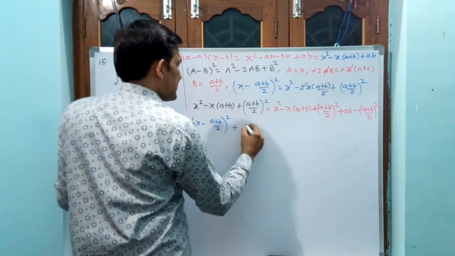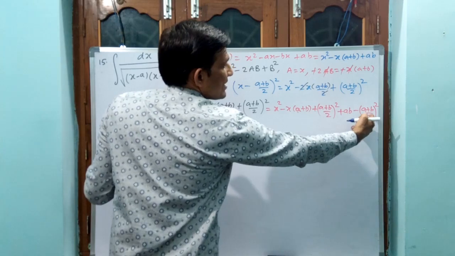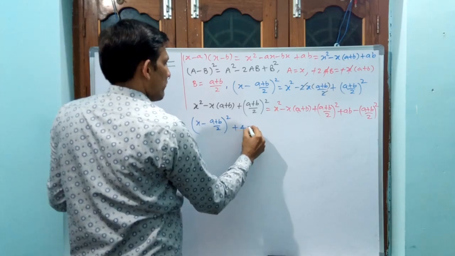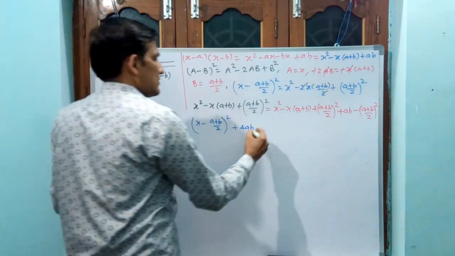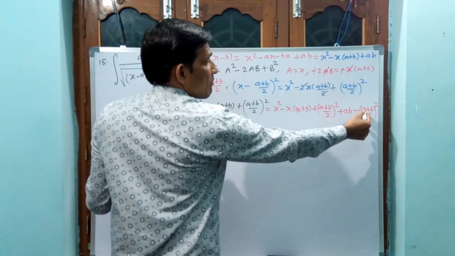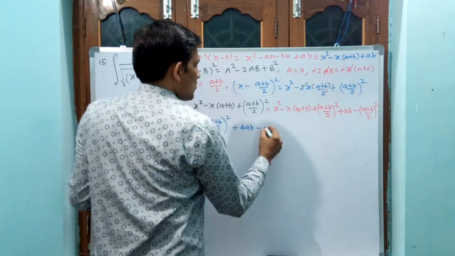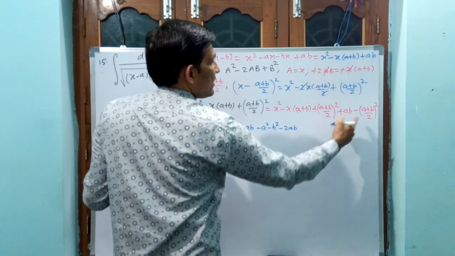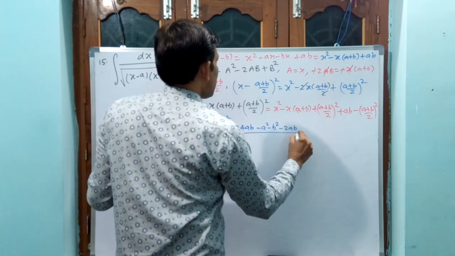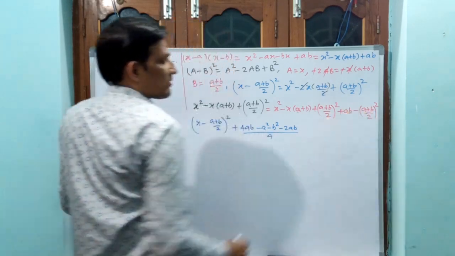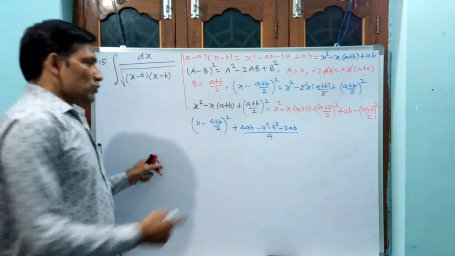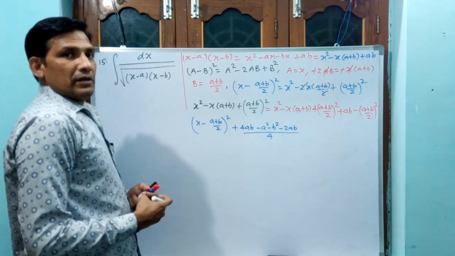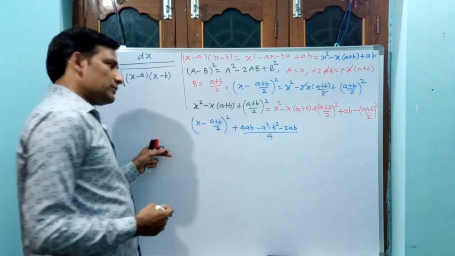You see what I am writing: plus 4AB, write down 4AB, minus, I am keeping (A plus B) whole square, A square plus B square plus 2AB, divided by 4. Why? Because I have already cross multiplied. Cross multiplication means 2 square, 4 will come. Okay. You see 4AB minus 2AB, how much will it come? It will come 2AB. Okay, write down.